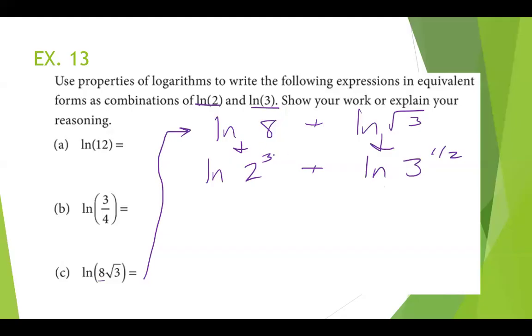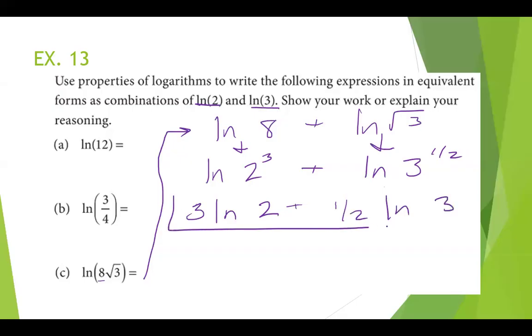So now I can use the power property. The power property says that the powers of my argument become the coefficient of my log. So we have 3 natural log of 2 plus 1/2 natural log of 3. So now I've written it in equivalent forms using only natural log of 2 and natural log of 3.